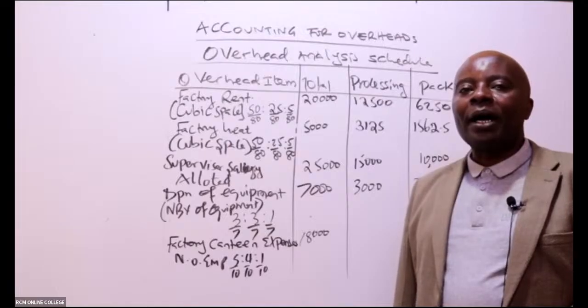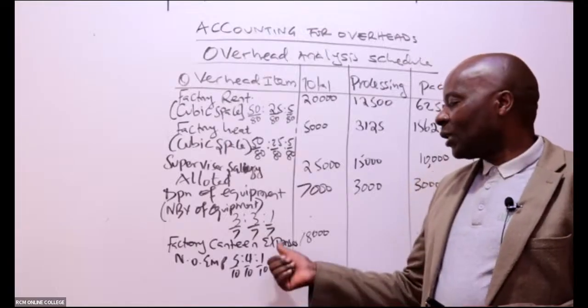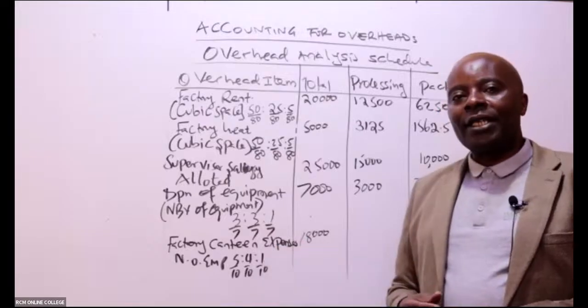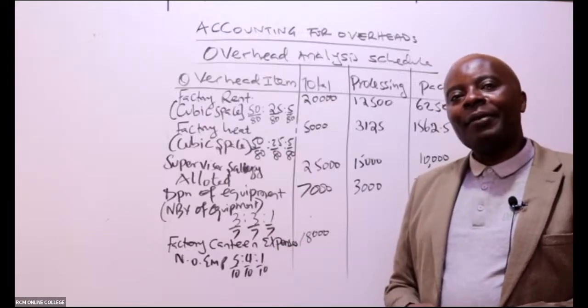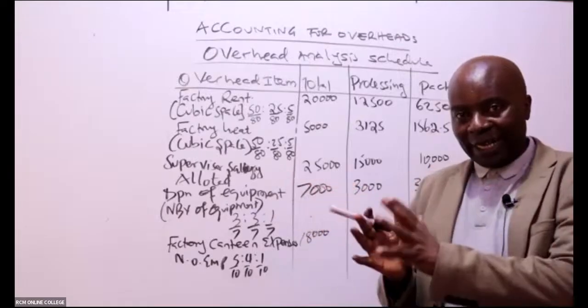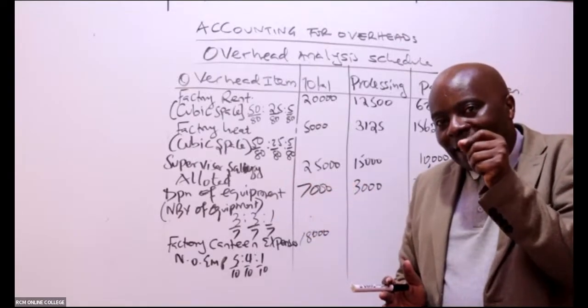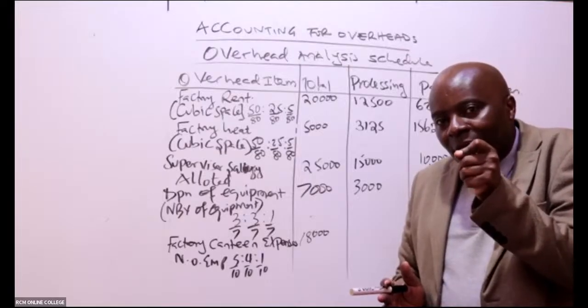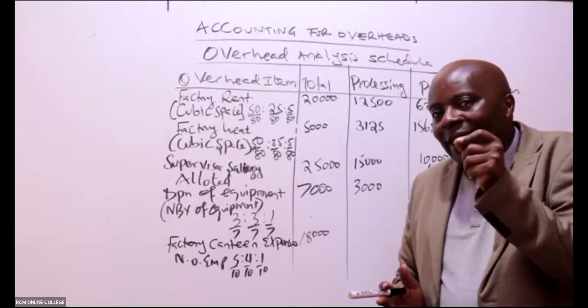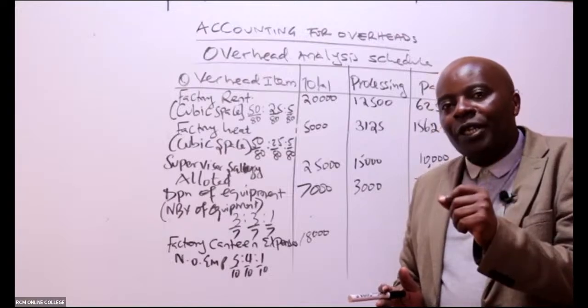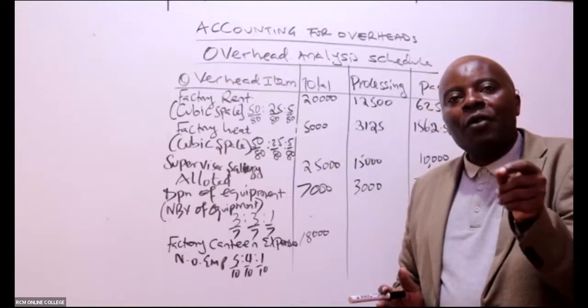Now remember, if you say that these expenses just belong to the canteen, remember, within the factory we have a canteen section. Do you want to tell me that it is only the employees of the canteen who are eating this food from the canteen? The food is available to everybody.